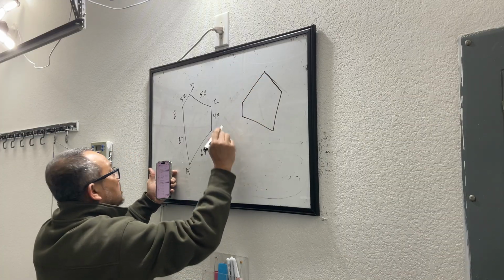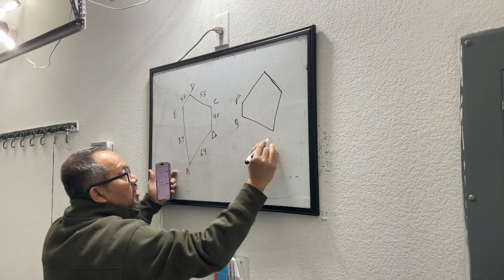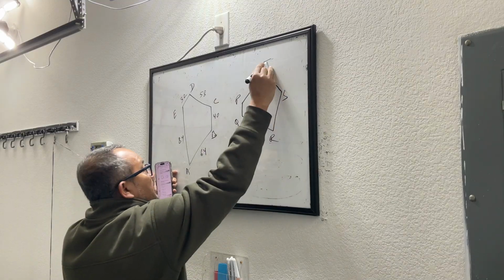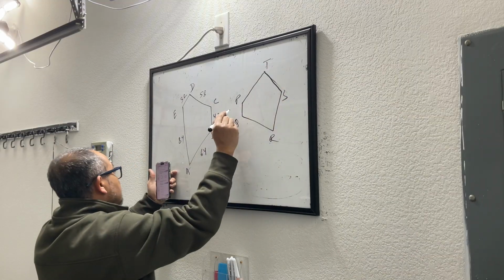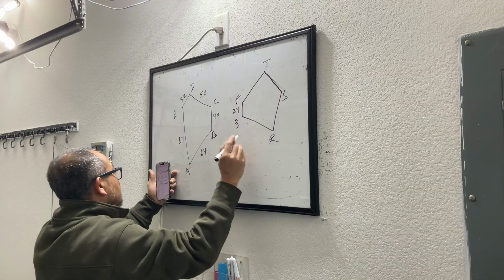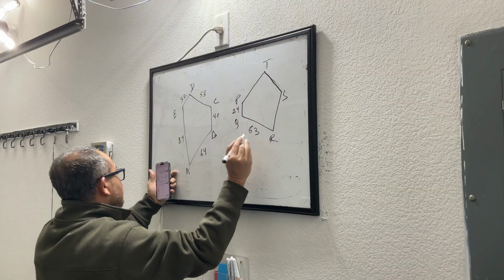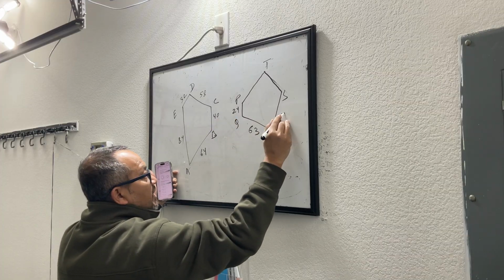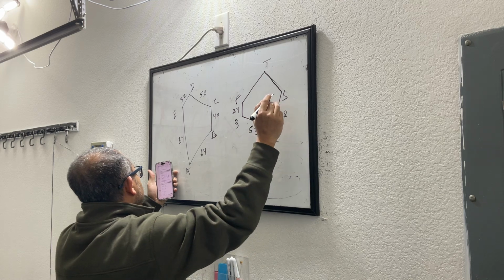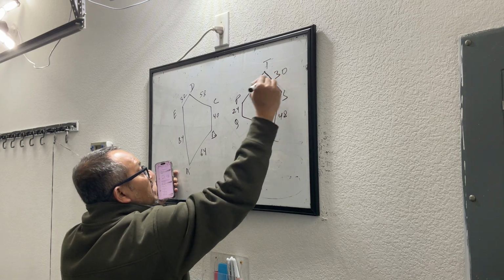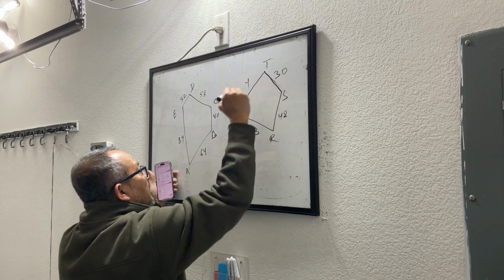This is P, Q, R, S, T, and this is given 24, this is 63, this is 48, this is 30, and this is given as Y.